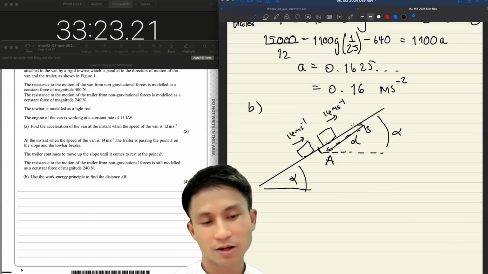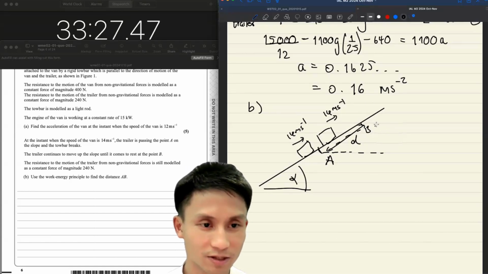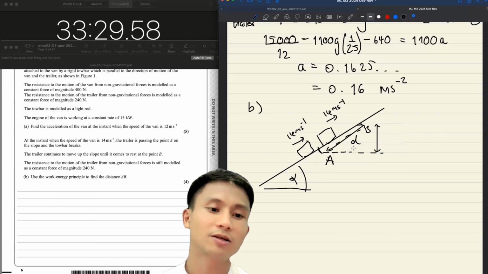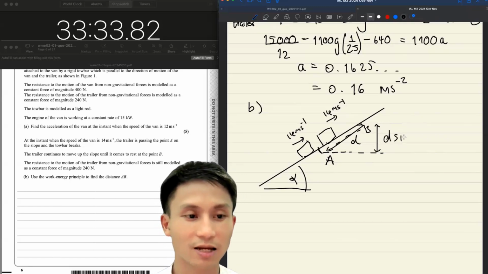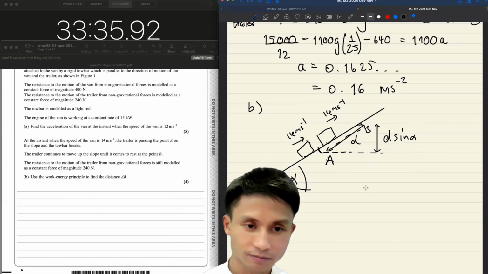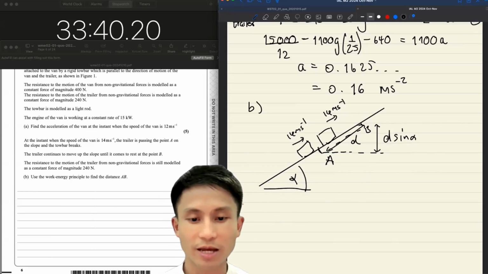That means if we want to find the height change over this distance AB, just doing the trigonometry, it's D sine alpha. So let's do some energy here, from conservation of energy.